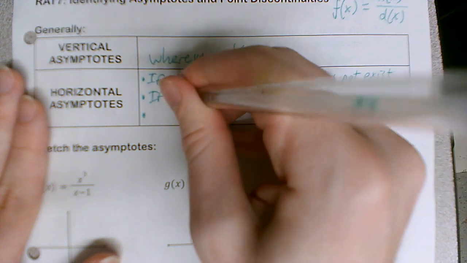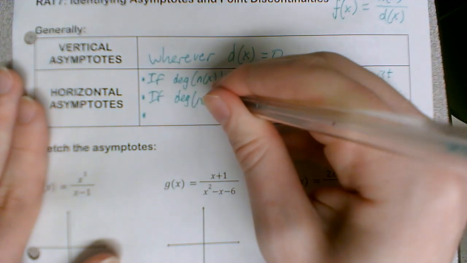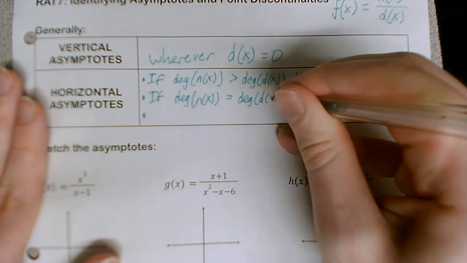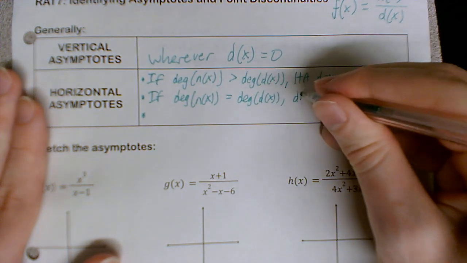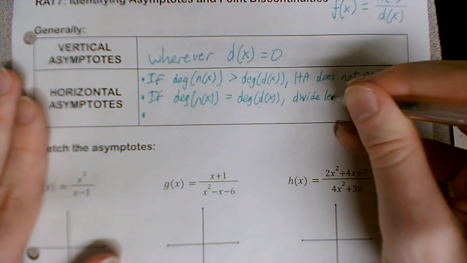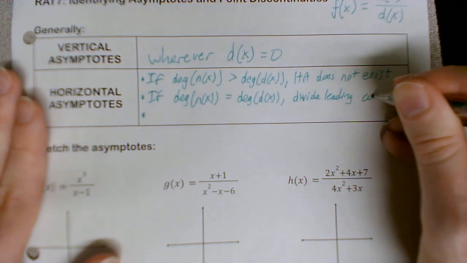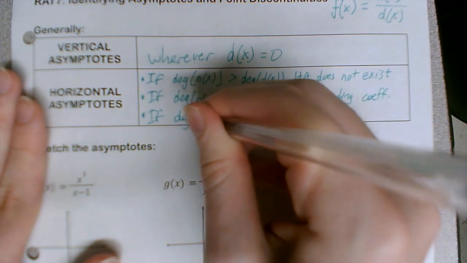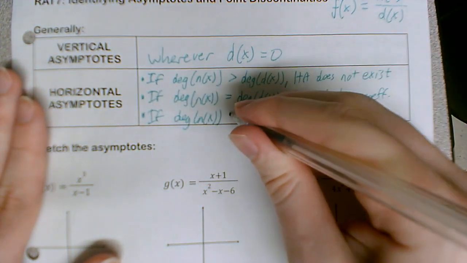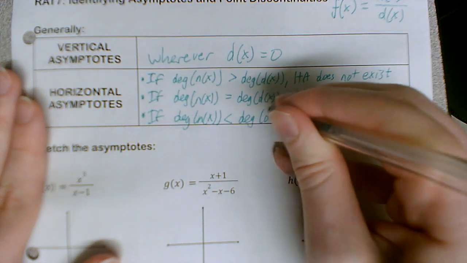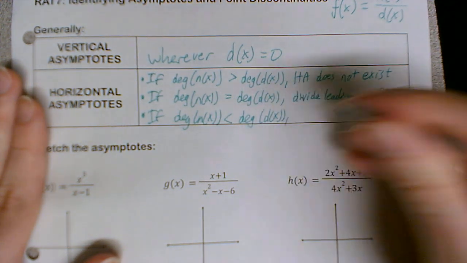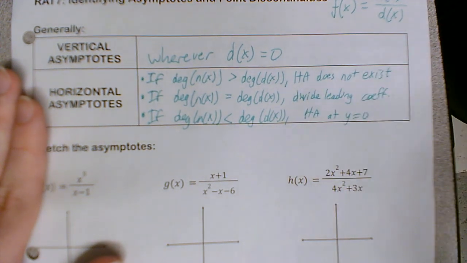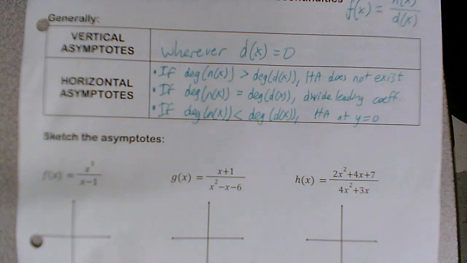If the degree of the numerator is equal to the degree of the denominator, you divide the leading coefficients, and if the degree of the numerator is smaller than the degree of the denominator, then the horizontal asymptote is at y equals 0. It's at the x-axis.